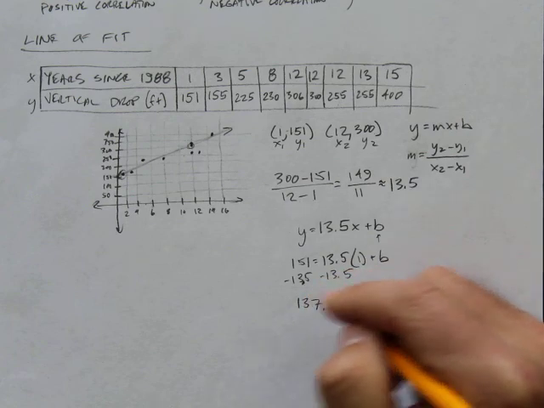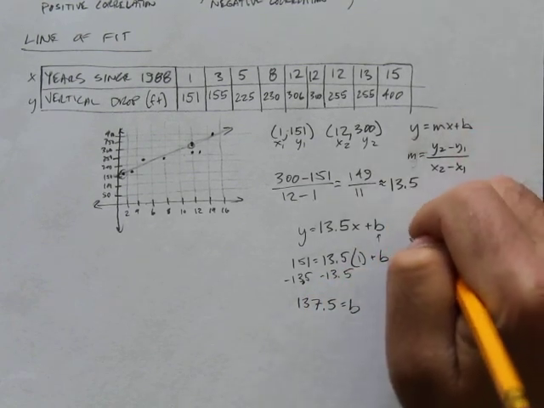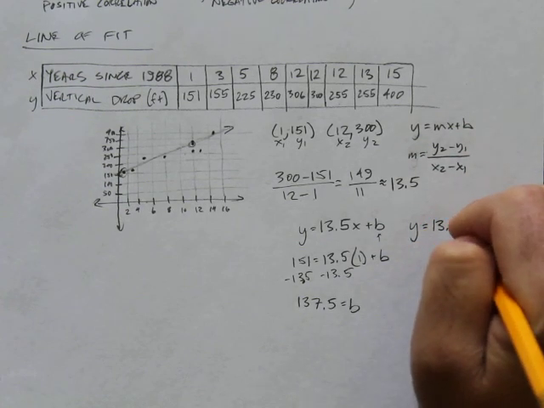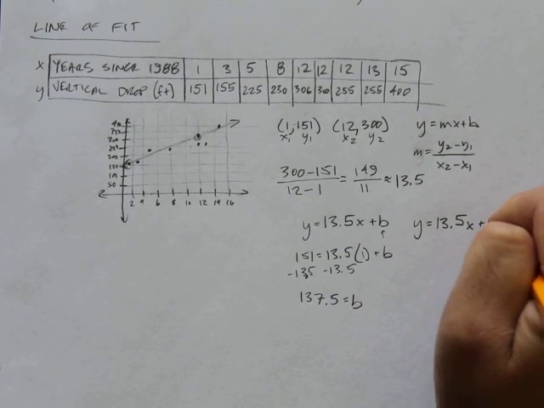So my equation of the best line of fit here is y equals 13.5x plus 137.5.